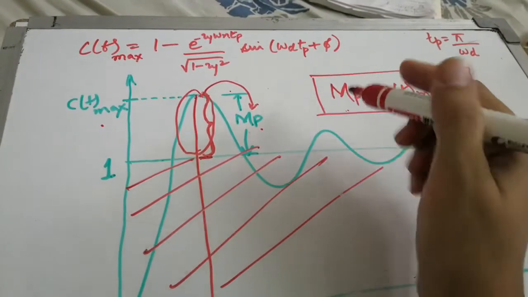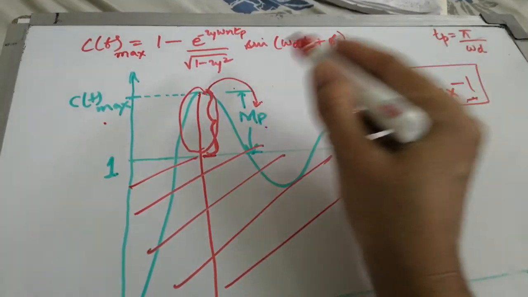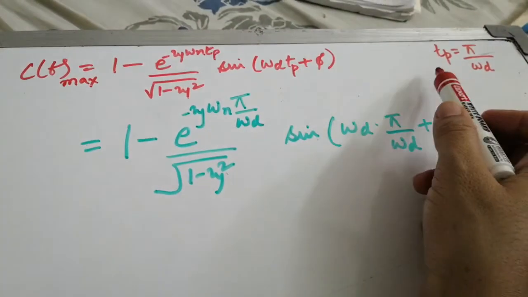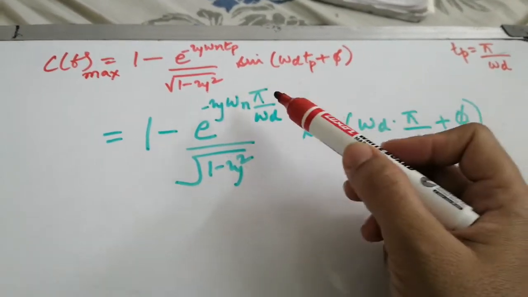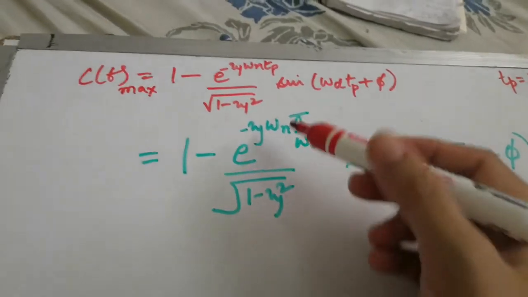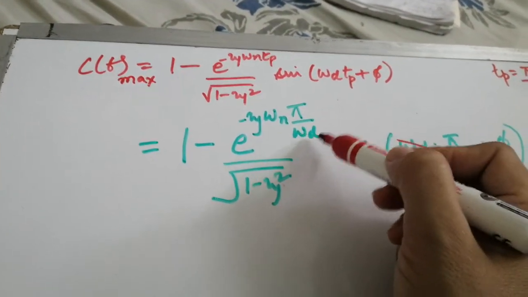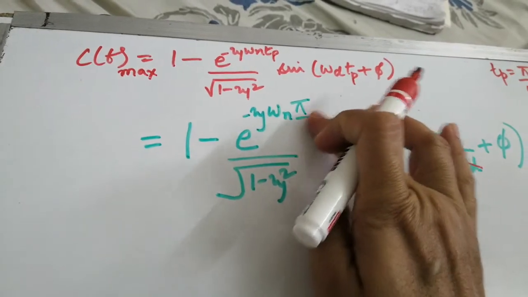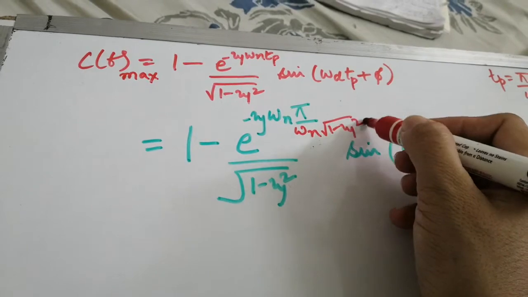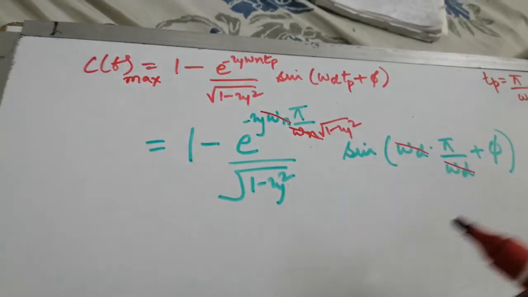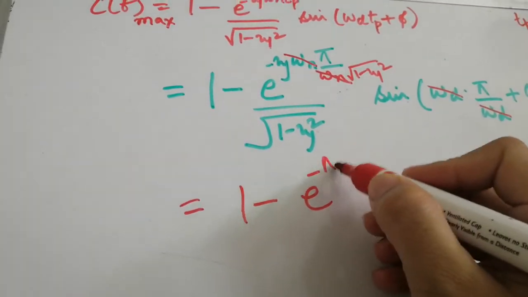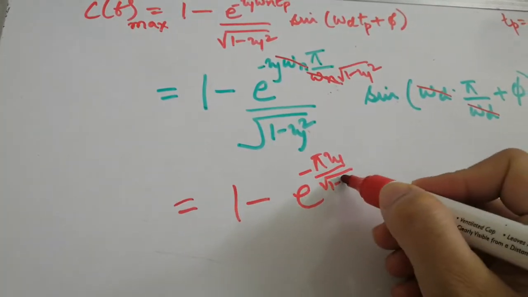So now let's come here and put the value of Tp as pi upon omega d in this expression. So now we have put the value of Tp in this expression as pi upon omega d everywhere. Now we can directly cancel omega d here, but here we have to expand omega d. Writing the expanded form of omega d as omega n under root of 1 minus zeta square, we can cancel this omega n, and we are left with e raised to the power of minus pi zeta upon root of 1 minus zeta square.